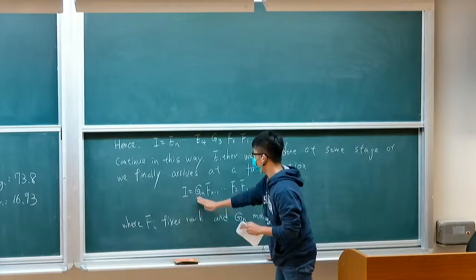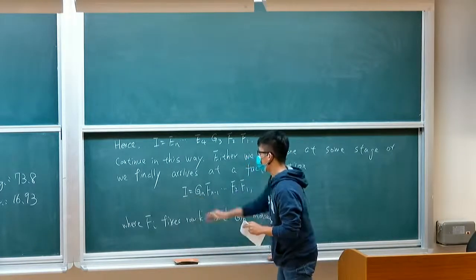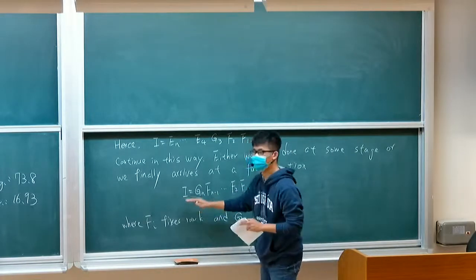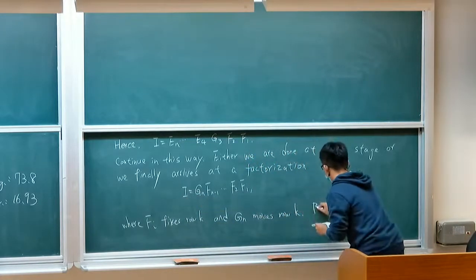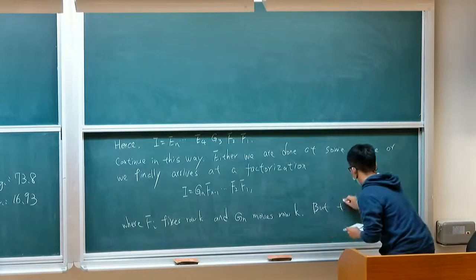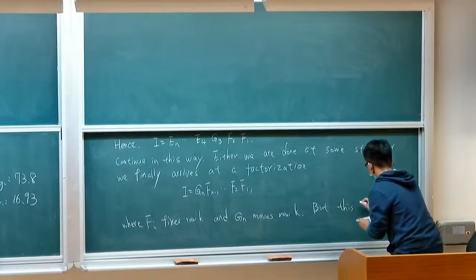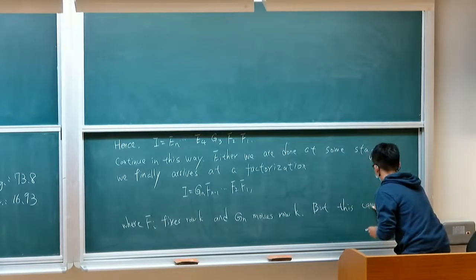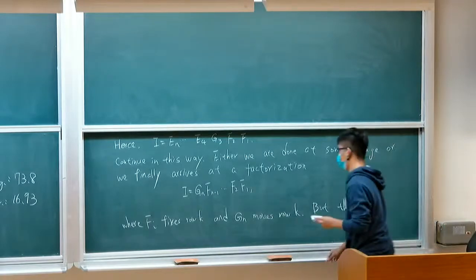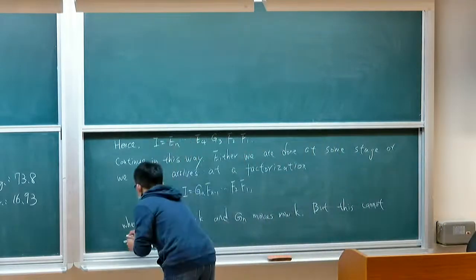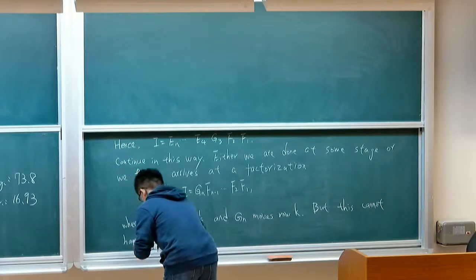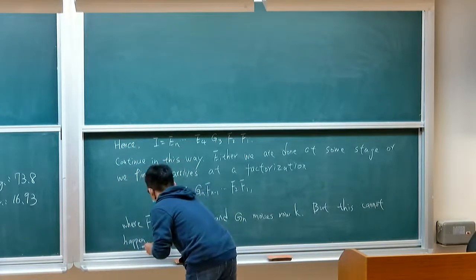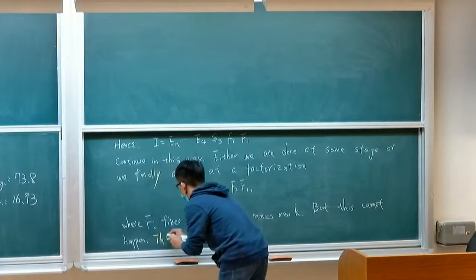If Gn moves row K, the kth row will not be at the same place. But this cannot happen. And this proves lemma 2.